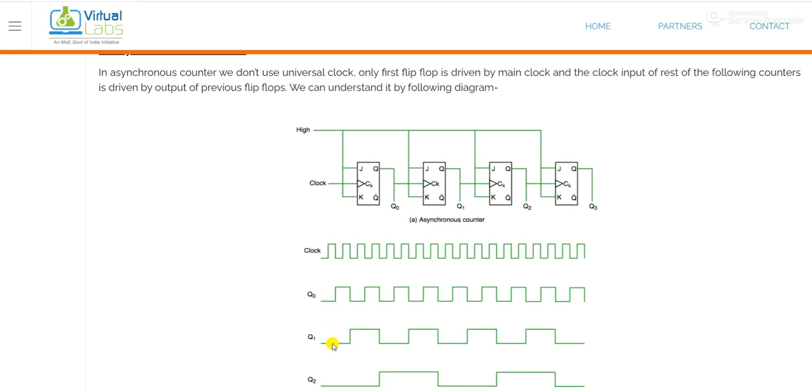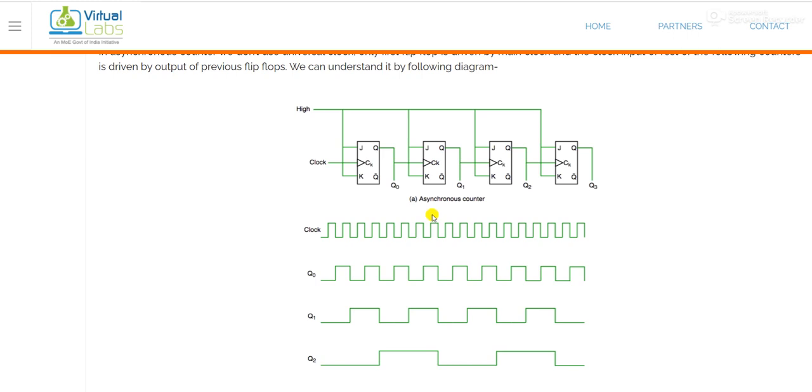Okay, so on that basis the particular outputs Q0, Q1, Q2, Q3 will change their values, and this value will be read by the output circuitry, that is Q0, Q1, Q2, Q3, and then it will be assumed as the counting part, means 0, 1, 2, 3, 4, 5, 6, 7, 8, like this.